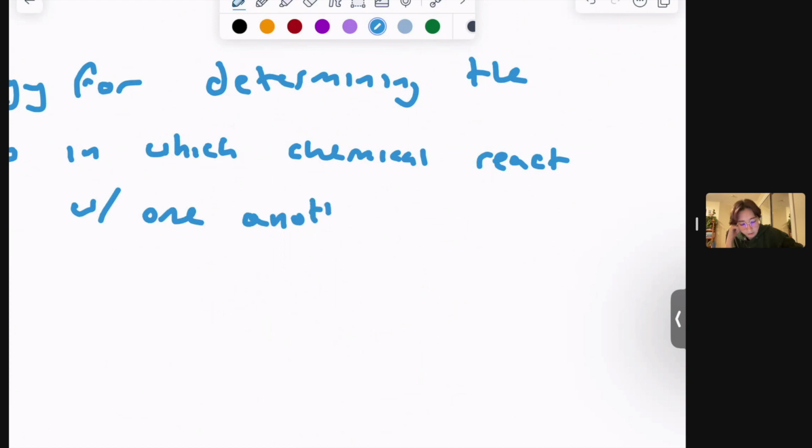So that's just a lot of words for saying that it's a way that we solve for how much product or reactant we're going to create or use up in a given situation.